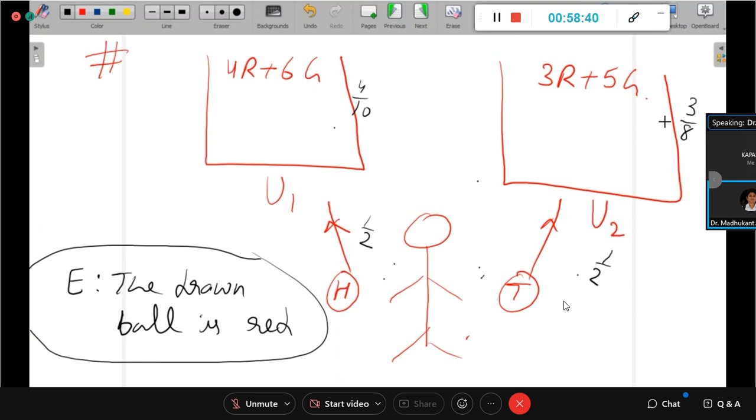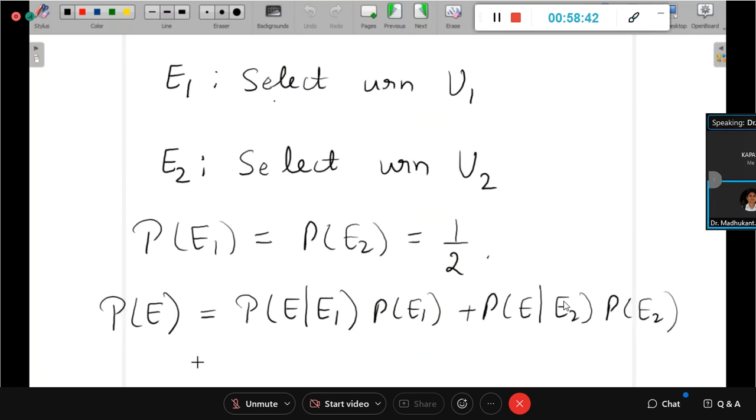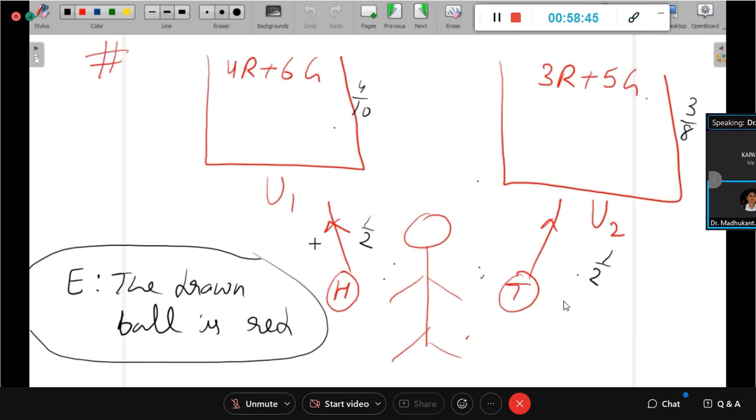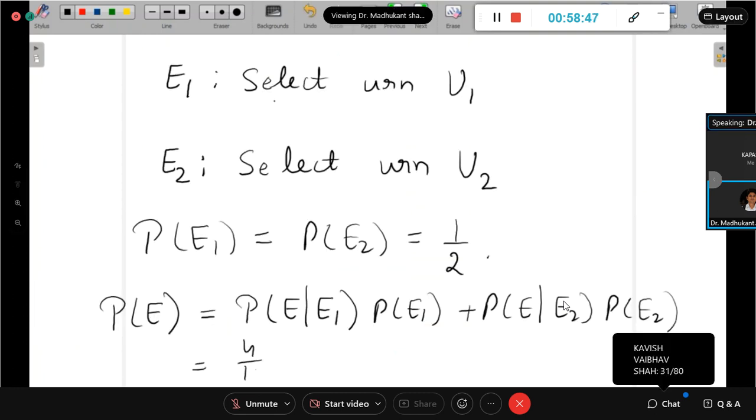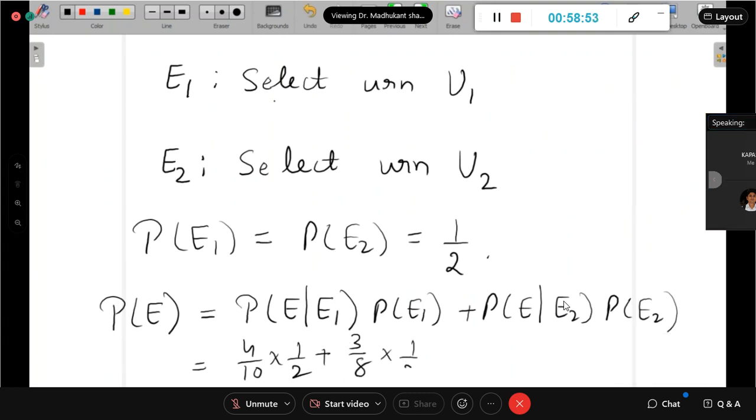So here is a plus rule and here is a product rule. So 1/2 into 4/10 plus 1/2 into 3/8. So this is what is happening here. In case of E1, it's going to be 4/10 times 1/2, plus you have 3/8 times 1/2. Now you are intelligent enough to solve this problem. Final answer you can write it.